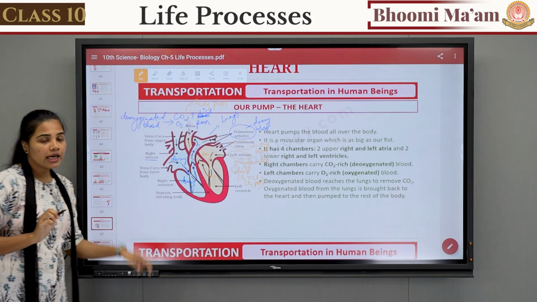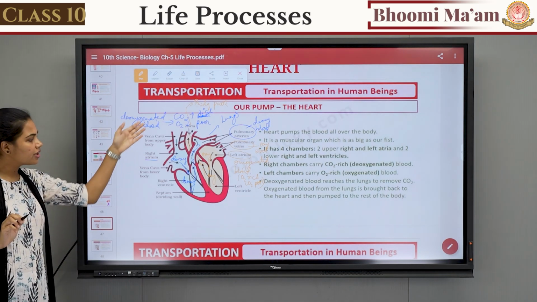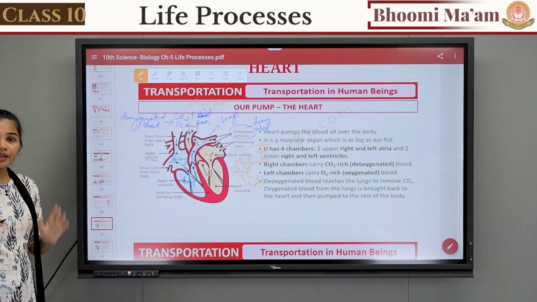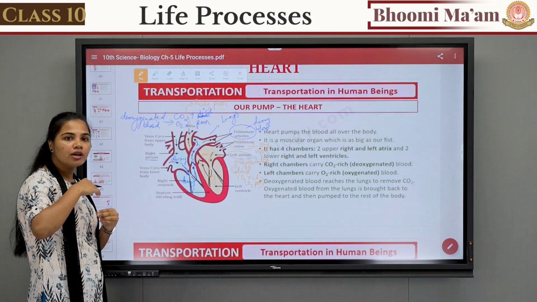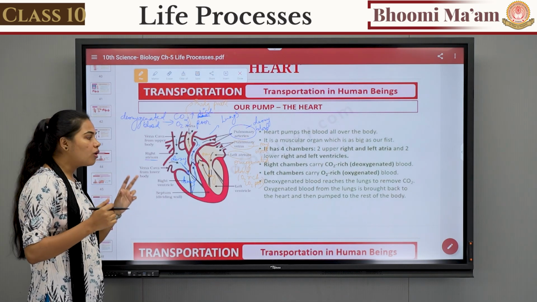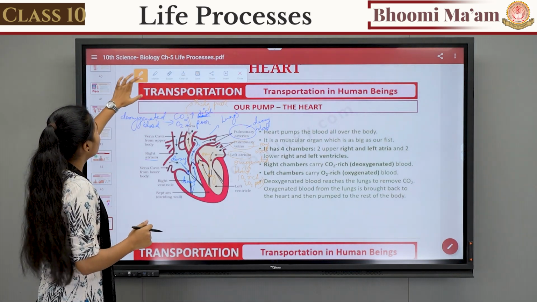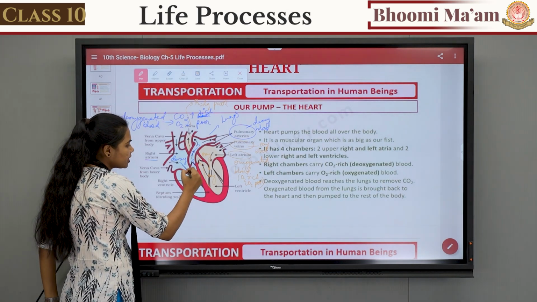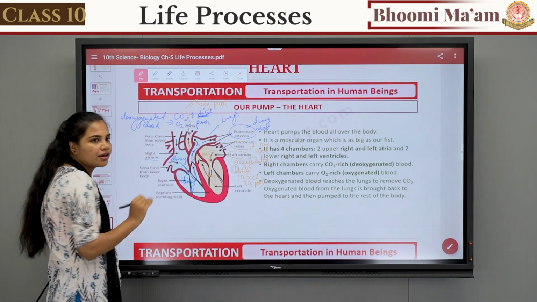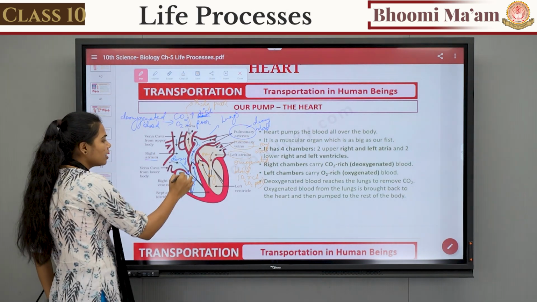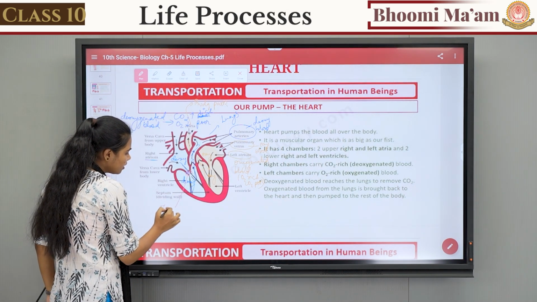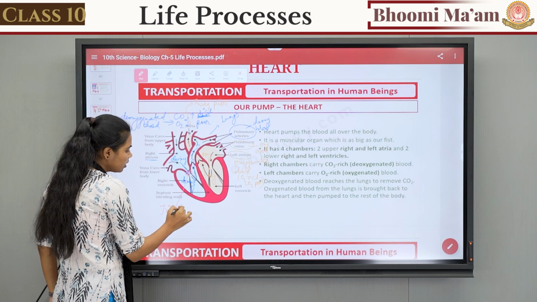Some more points regarding this particular heart is that when the blood which is present in the right atrium, right, it travels, or you can say carries towards the right ventricle, at that time the blood should not get what? Backflow. So to avoid the backflow of the blood, we have another type of structure which is present in between this right atrium and right ventricle. That is what we have different valves, which is known as tricuspid valve.